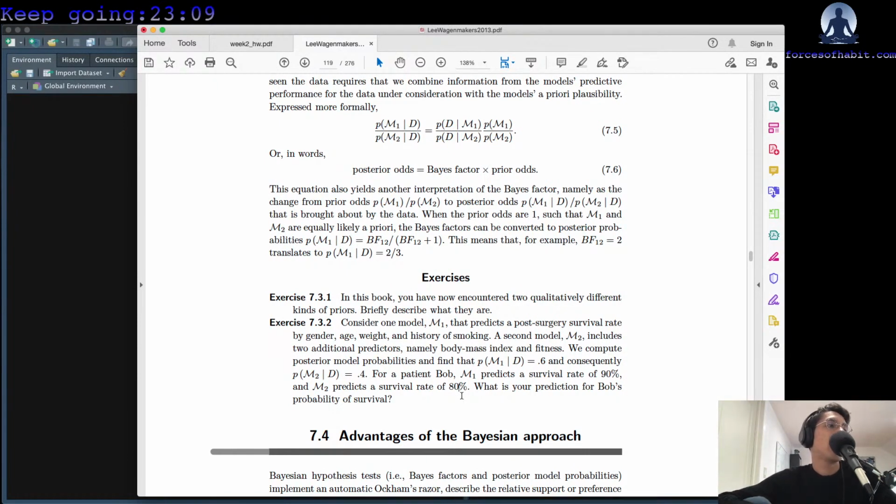So it's going to be some combination of these two that I'm supposed to be considering here. I'm not sure how to average them together.